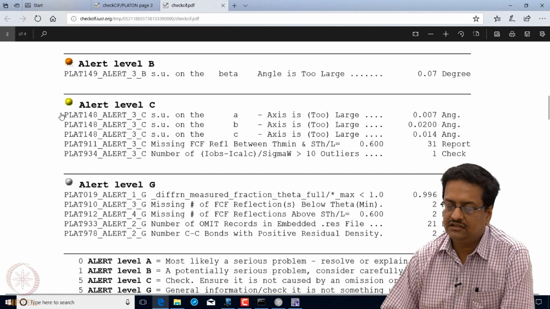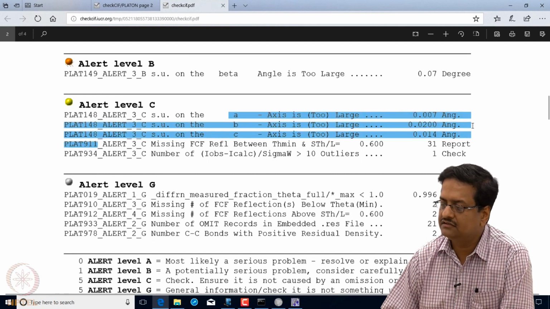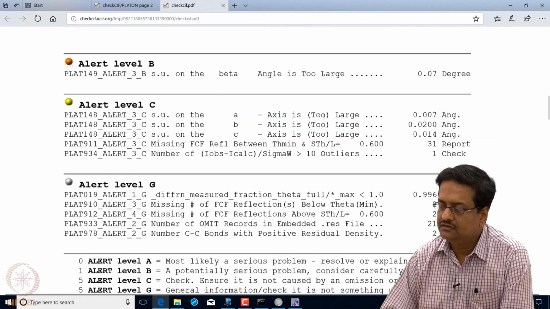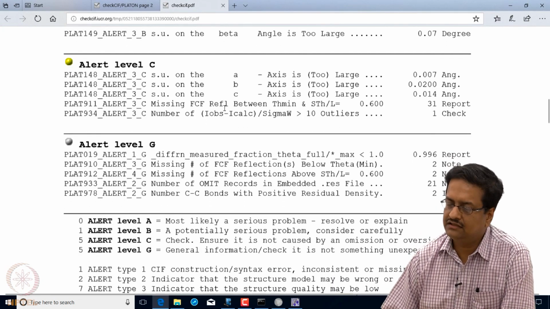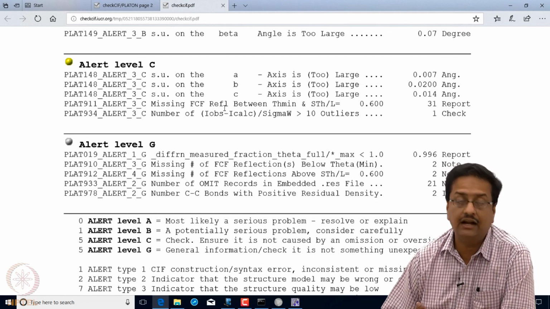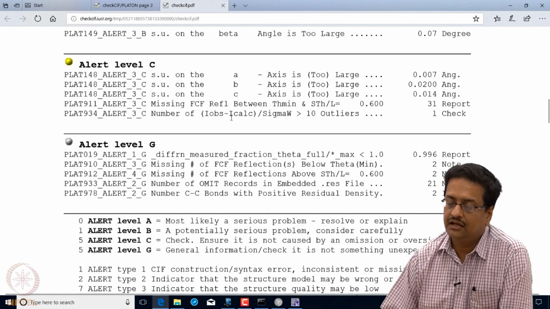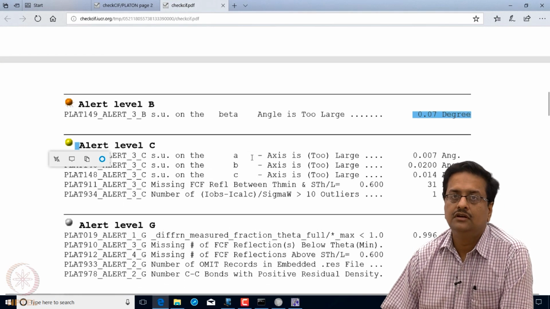Otherwise, if you can see in the C level alert, all the A, B, C axis standard deviations are slightly on the larger side, which probably indicates that the crystal was not of very good quality. So there was a higher degree of uncertainty in getting these cell dimensions, and that is what has resulted in a large standard deviation on the beta angle.